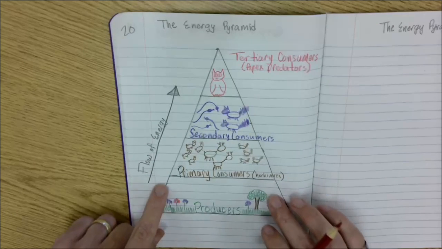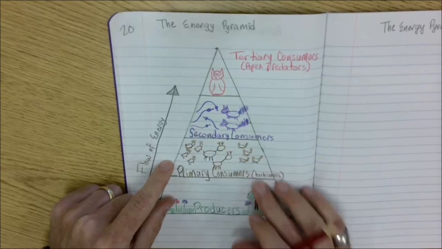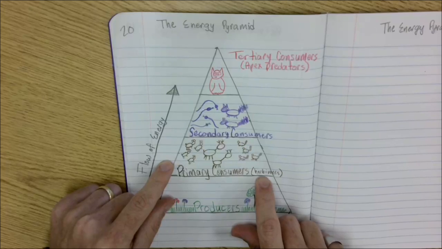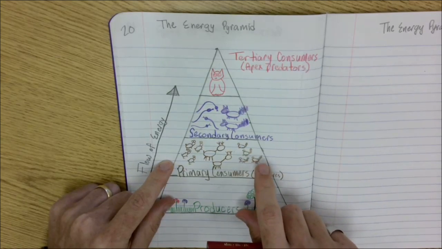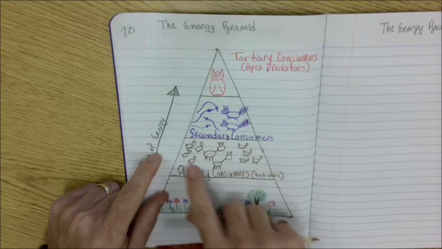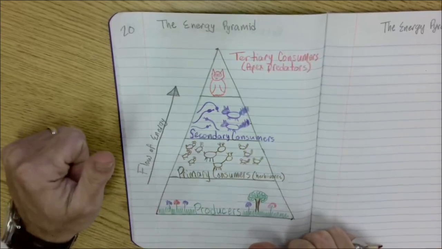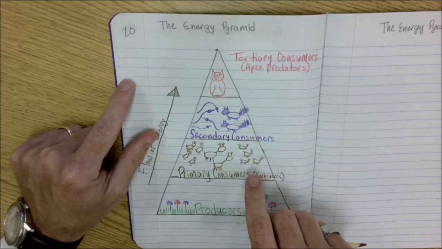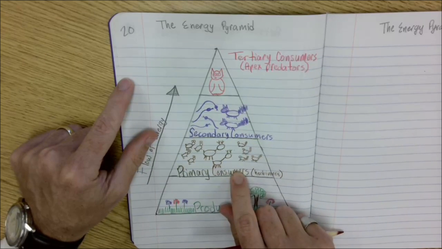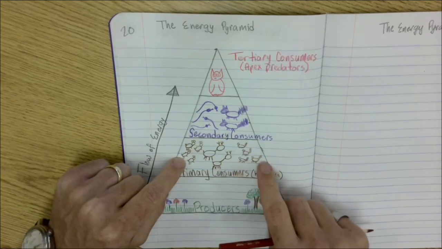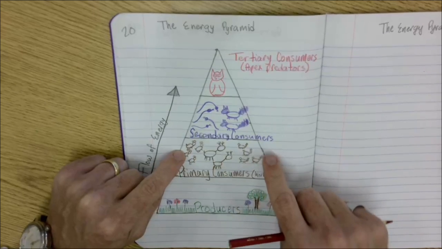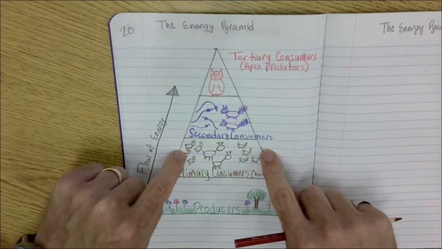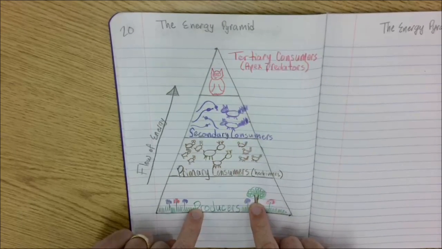Next, as our energy flows up, we have our primary consumers, which are all herbivores. A lot of these animals will have similar adaptations like flat teeth and hooves, which are adaptations for herbivores, for primary consumers. And these primary consumers are herbivores, so they can eat what's below them, the producers.